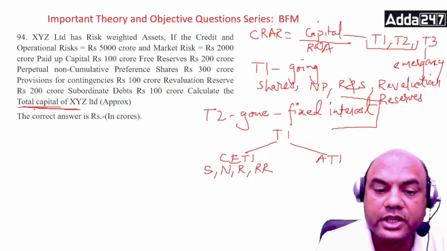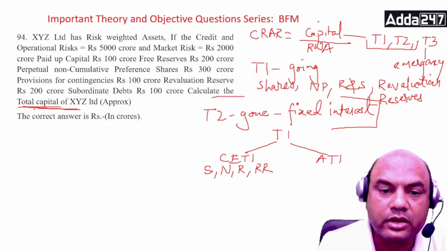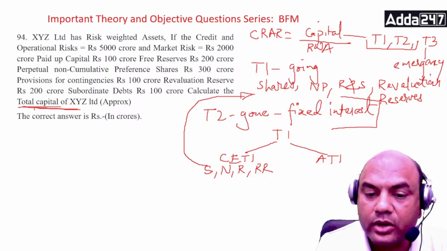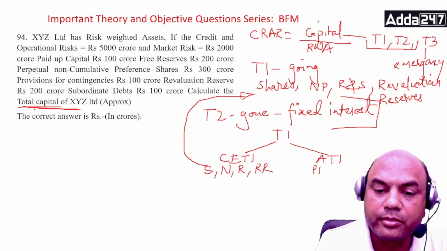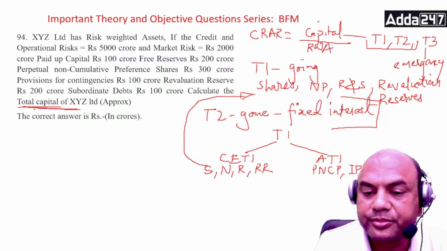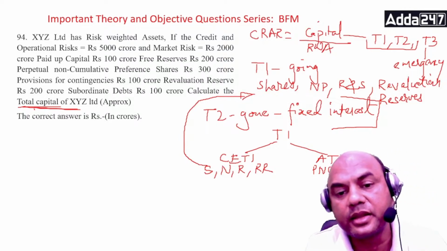In AT1 we have 2 more elements: PNCP, perpetual non-cumulative preference shares, and IPDI, innovative perpetual debt instruments. These are the part in AT1.